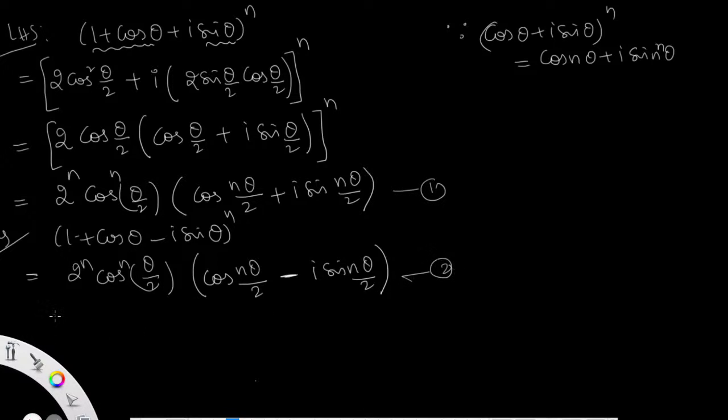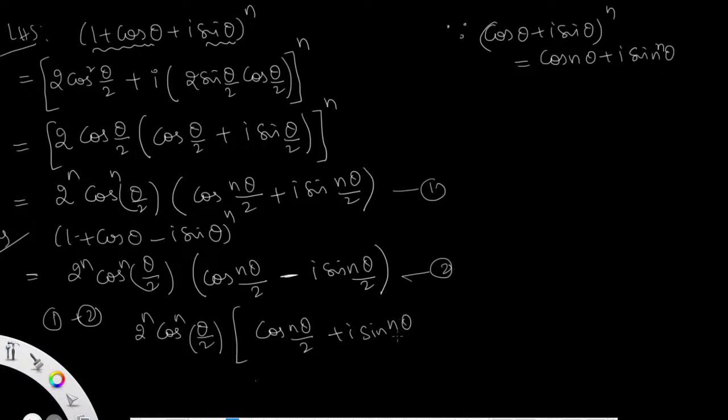Now by adding 1 plus 2, in both terms 2 power n into cos power n of theta by 2 is common. Then write cos n theta by 2 plus i sin n theta by 2 plus cos n theta by 2 minus i sin n theta by 2. Now the sin terms will be cancelled.